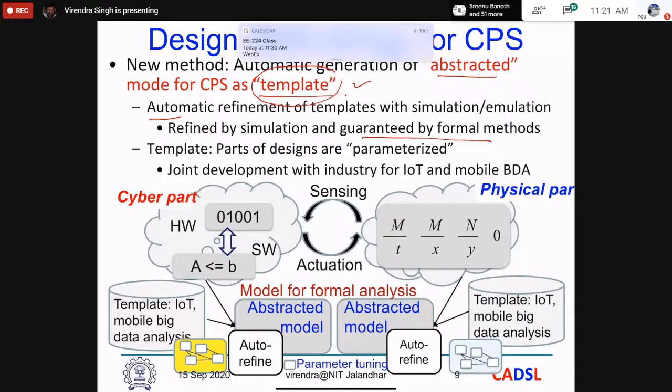These templates are the parts of the design which is parameterized, and these parameters are automatically extracted, that here what should be there.